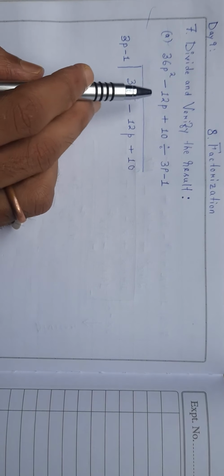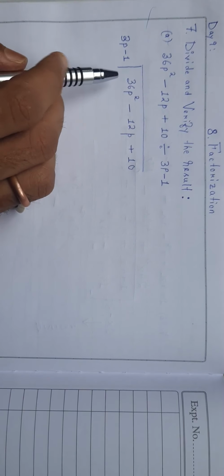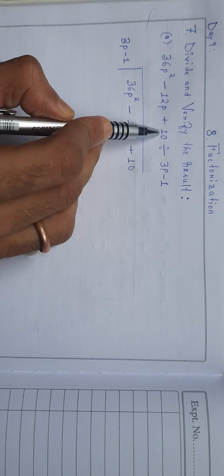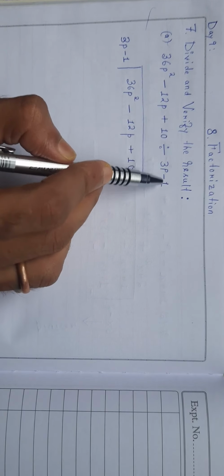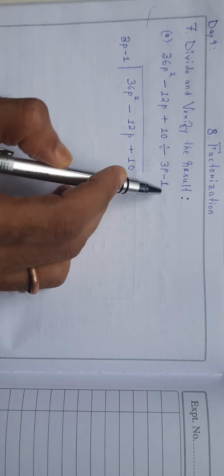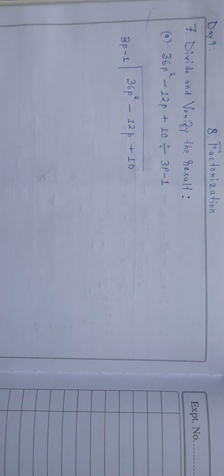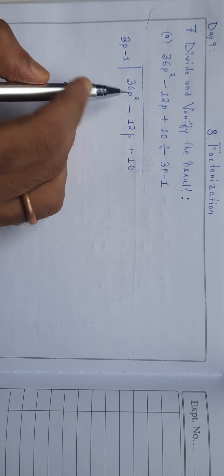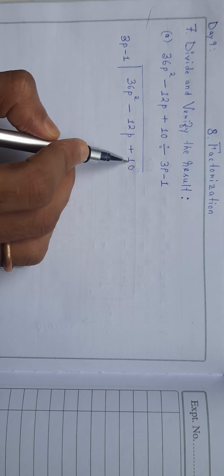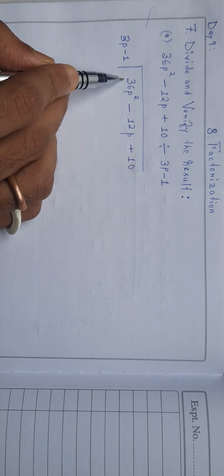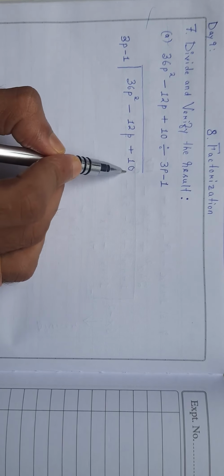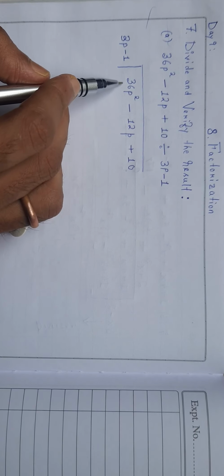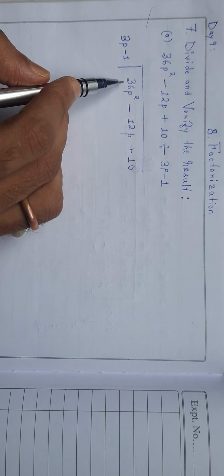Now let us see the first textual question, which is 36p square minus 12p plus 10 divided by 3p minus 1. Here the first step that we have to follow is to see the number of terms. Here we find that there are 3 terms: first term, second term and third term. Out of these 3 terms, we'll see which term has the highest power variable.